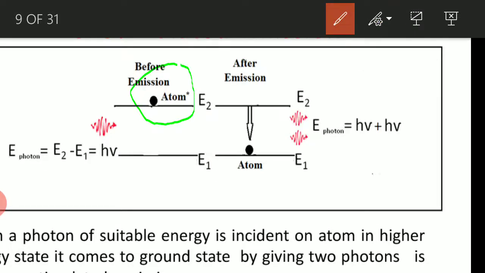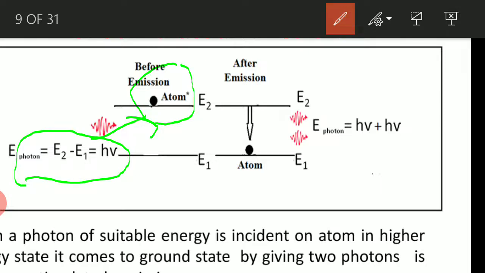Now, if during that time a photon of appropriate energy, an external photon of energy h nu, is incident on the atom which is in the higher energy state, what happens? This external photon triggers that atom to come down to the lower energy state.